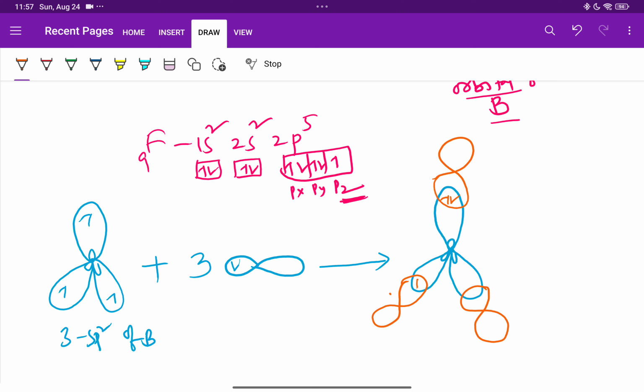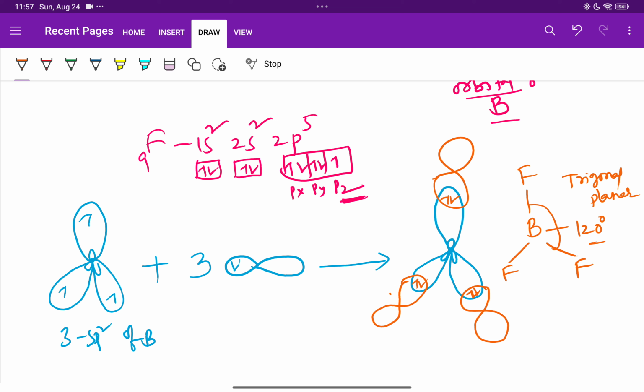So electron pair I am keeping, so it is exactly equal to this shape, which is called trigonal planar. Trigonal planar structure, and the BF3 bond angle is 120.